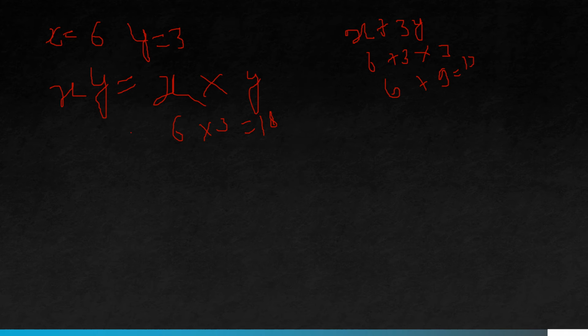This is how you can substitute the value of the variable in any equation, and then you can solve that equation, right? I hope you got this, how we can substitute the value for the variable in any equation.